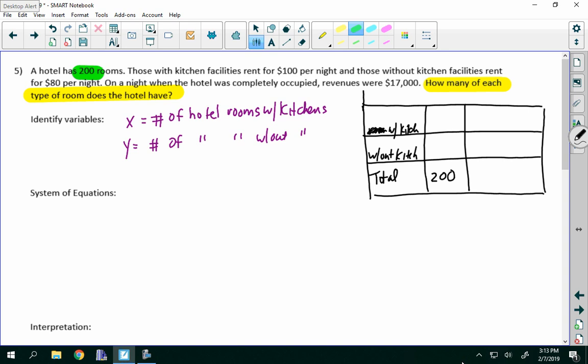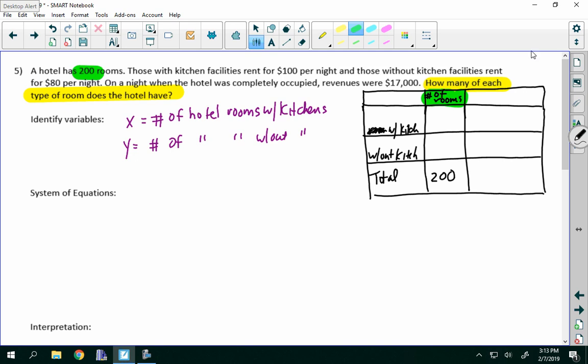Now this is where the description of what each unknown is comes in. It comes in the heading of your column. So I'm going to call the heading of that column number of rooms.